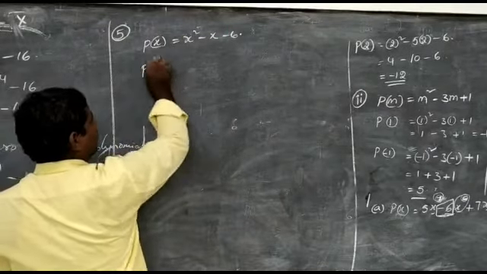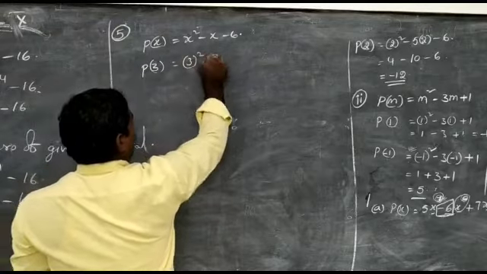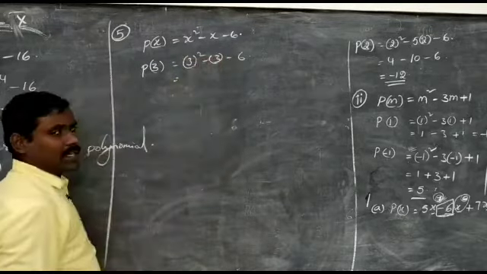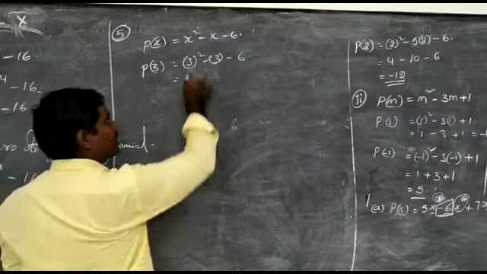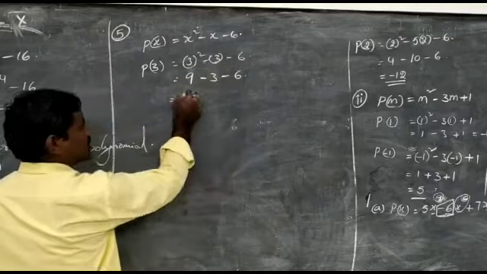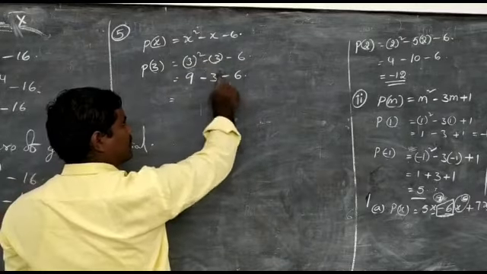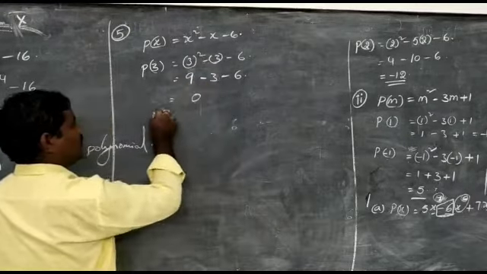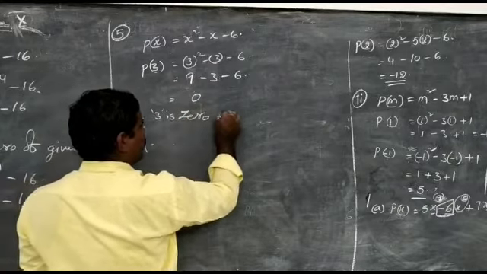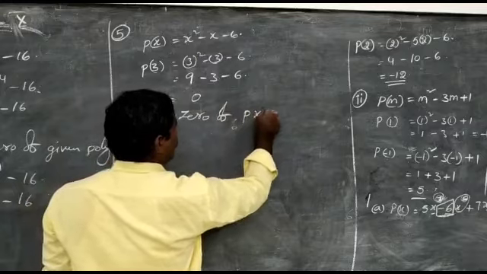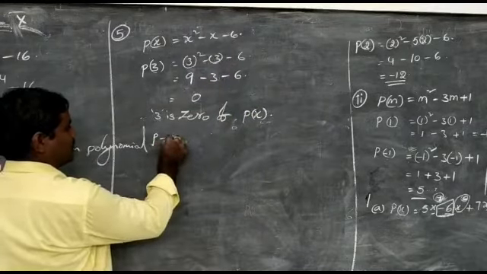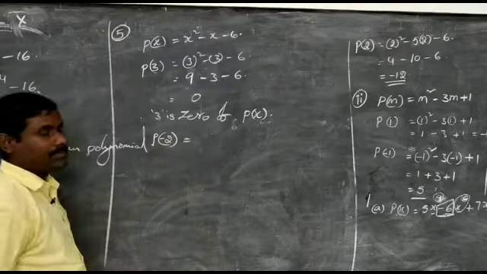At the place of x I am substituting 3: 3 square minus 3 minus 6. 3 square is 9, minus 3 minus 6. 9 minus 3 is 6, 6 minus 6 is 0. Therefore 3 is a zero of polynomial p of x.